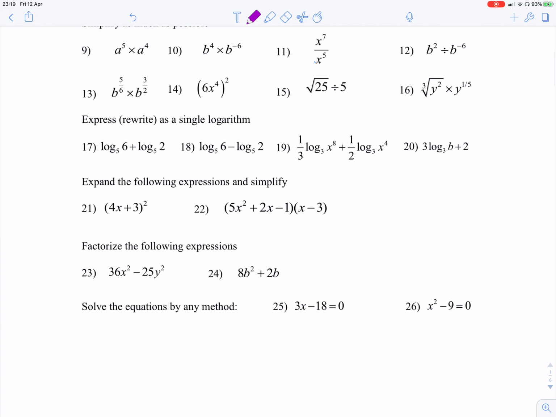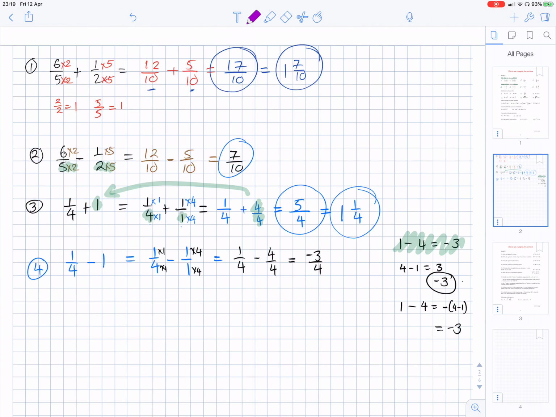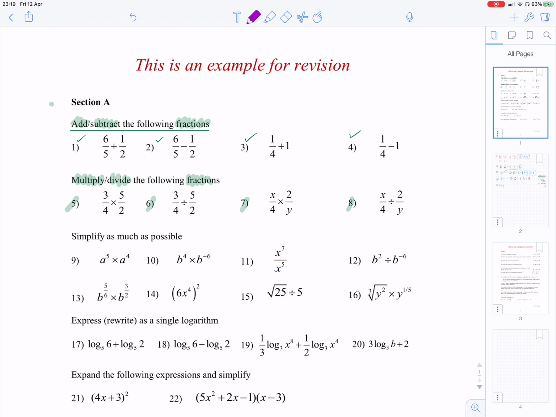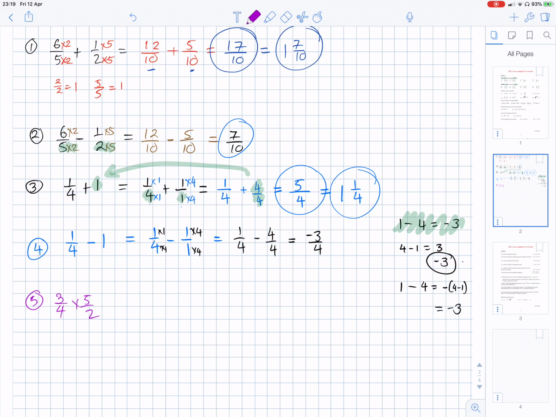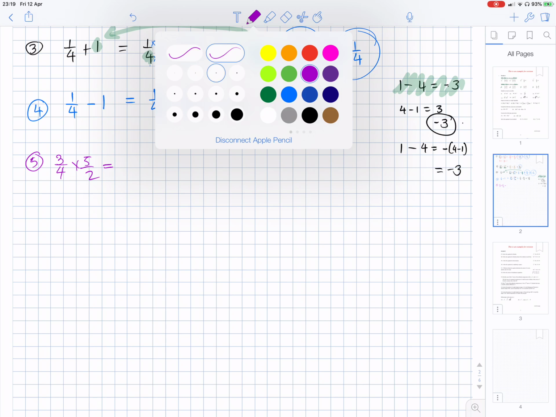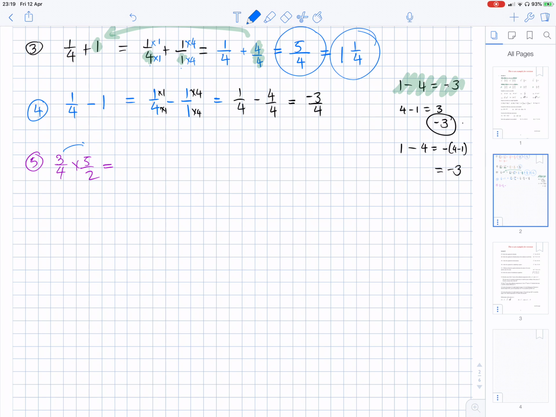So let's see, 3/4 times 5/2. Let's just make sure that I've got it right. So 3/4 times 5/2, which means because we're multiplying, this is just direct multiplication of the numerators and the denominators.